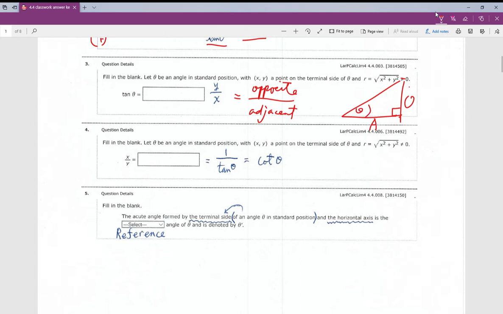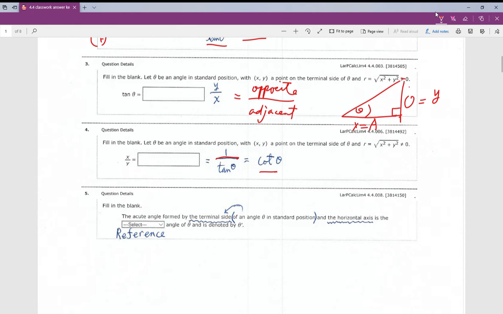And then this is y, this is x. So tangent is y over x, then x over y will be the reciprocal of the tangent. The reciprocal of tangent, we call it cotangent.